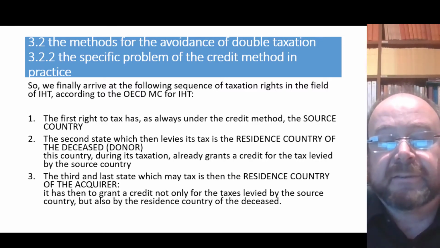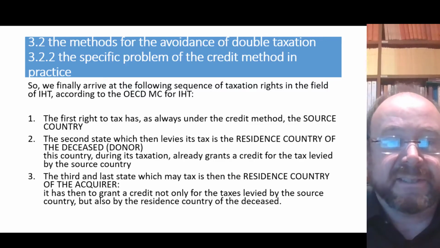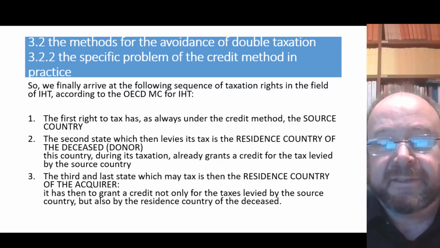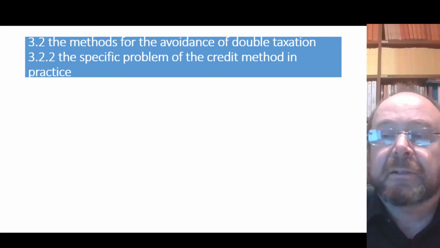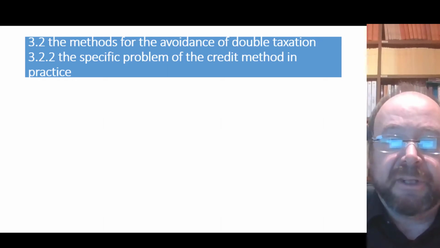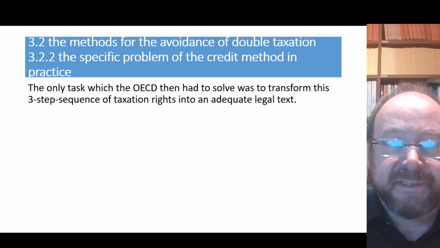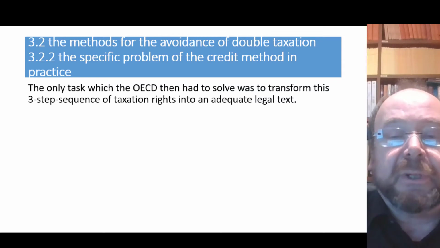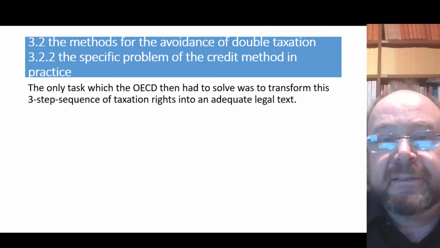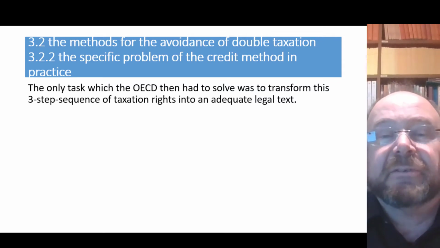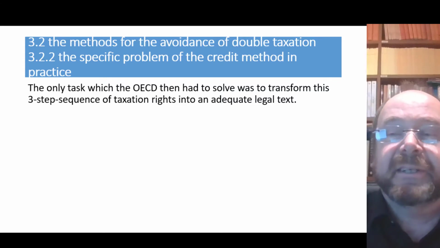But wherever a state comes into play as state of residence, then this sequence is the decisive one. Okay. Now the only thing which the OECD still had to do was to transform this three-step approach of taxation rights into an adequate legal text.